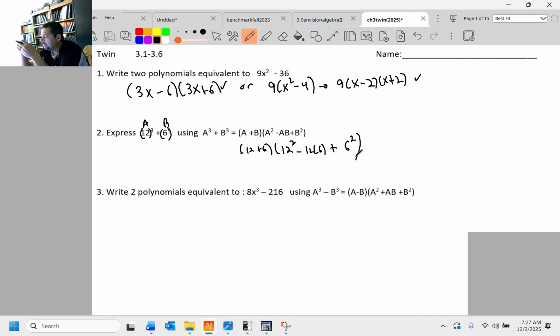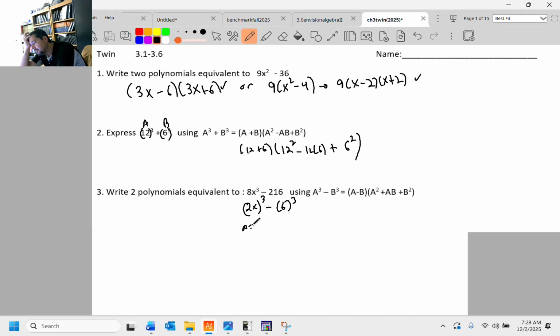All right, write two polynomials equivalent to 8x cubed minus 216 using the a cubed minus b cubed pattern. And it is a write two, by the way. So one of these things we might do is look at this and think that's a 2x that's cubed, and 216 is a 6 that's cubed.